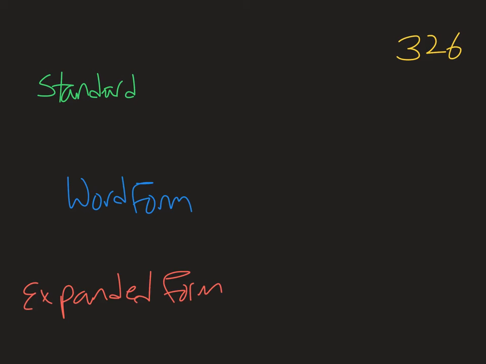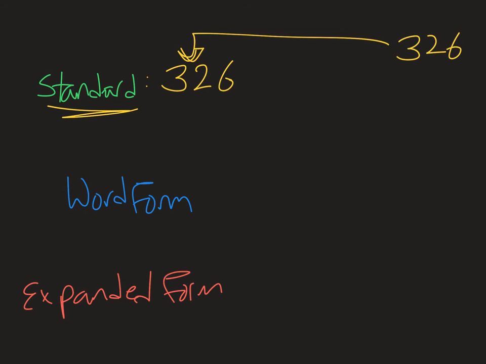Okay, 326. Well, we've already written it in standard form. It's actually right there. This is standard form. It's the number 326, just using numbers to express it. See, standard form is pretty easy. We've been doing it all along. Word form's a little tricky because this means we have to actually practice our spelling skills.